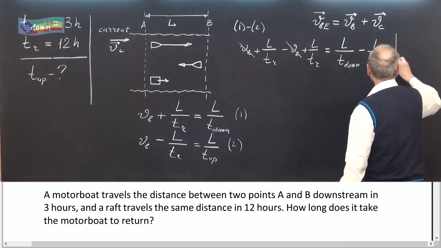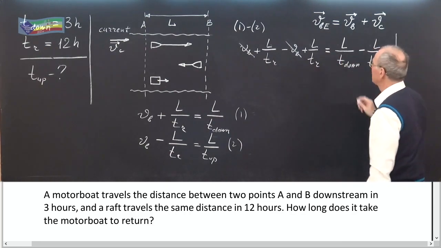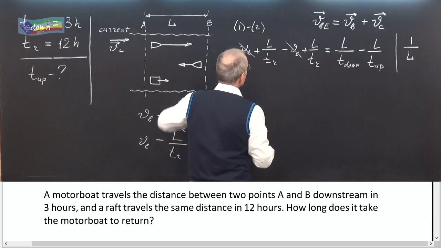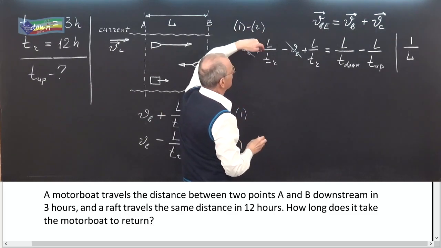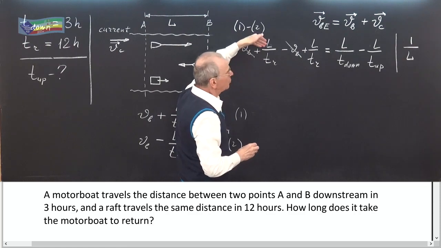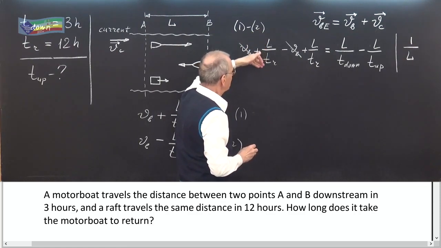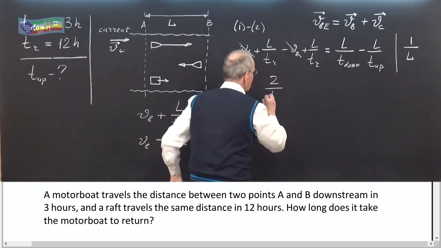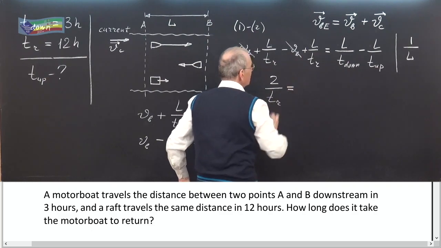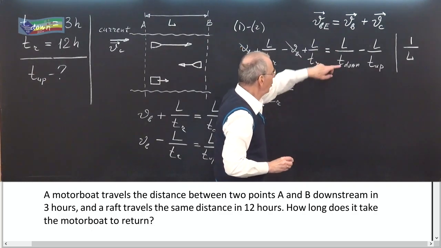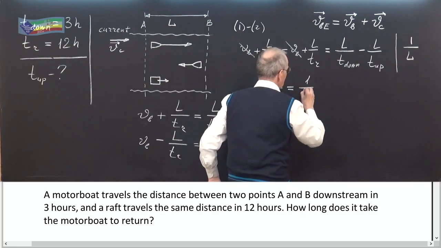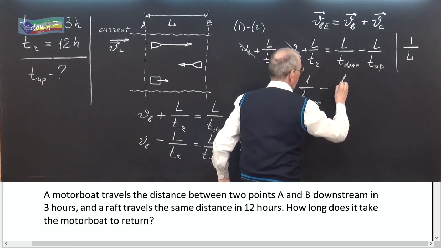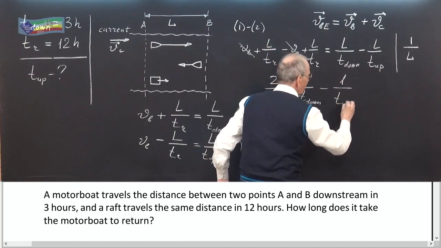So let us divide both sides of these equations by L. We'll have here L turns into unit over T R plus unit over T R, 2 over T R equals 1 over T down minus 1 over T up.